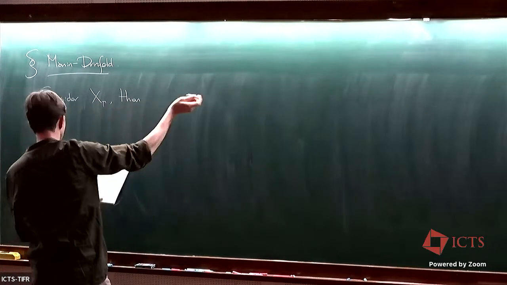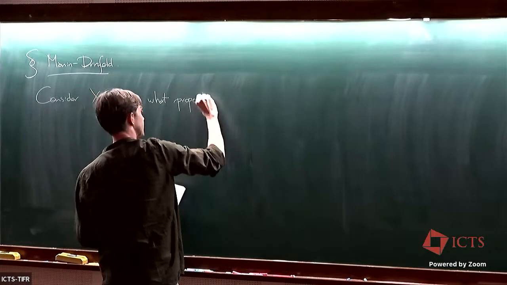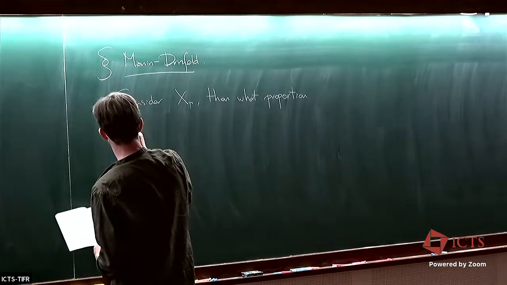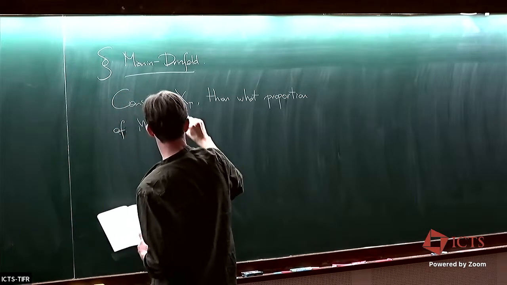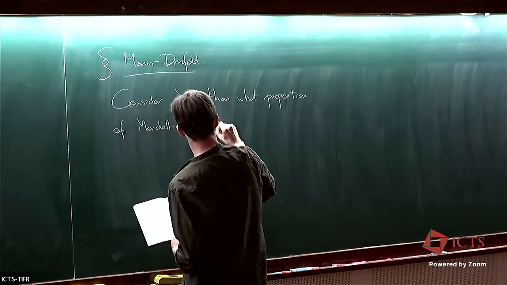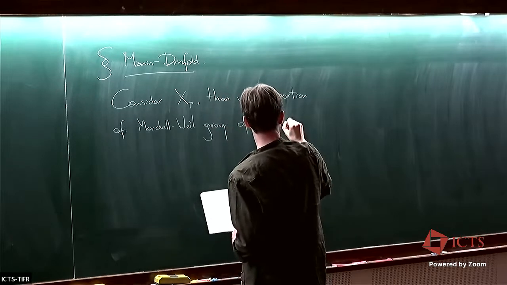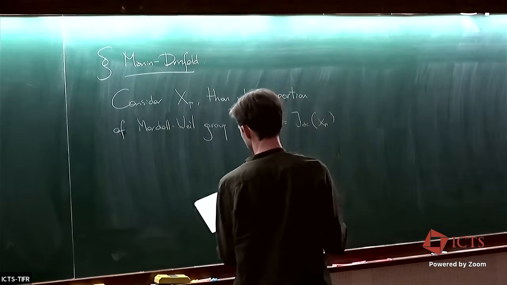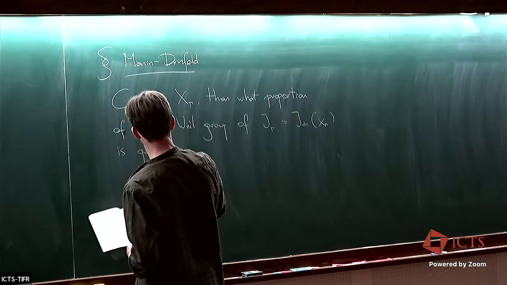We can ask, what proportion, and I don't mean that in any kind of precise mathematical sense, of the Mordell-Weil group of J_gamma, which is the Jacobian of X_gamma, is generated by cusps.